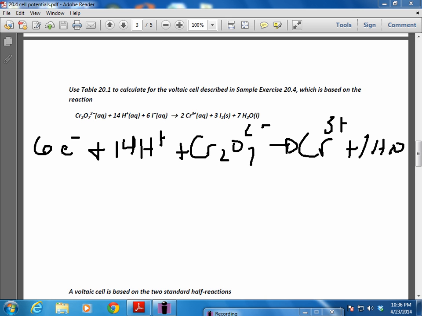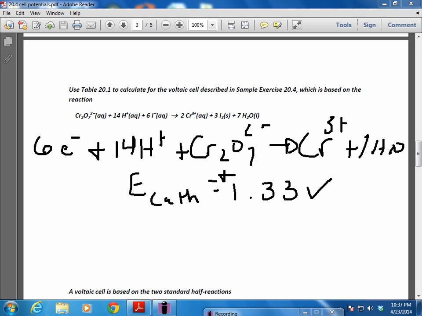And that is reduction. Now if you look at that table that I just showed you, figure 20.1, it tells you that its standard reduction potential, and this is the cathode, is equal to positive 1.33 volts. So that means it's pretty likely that it wants to do that. Okay, so keep that in mind, 1.33 volts.